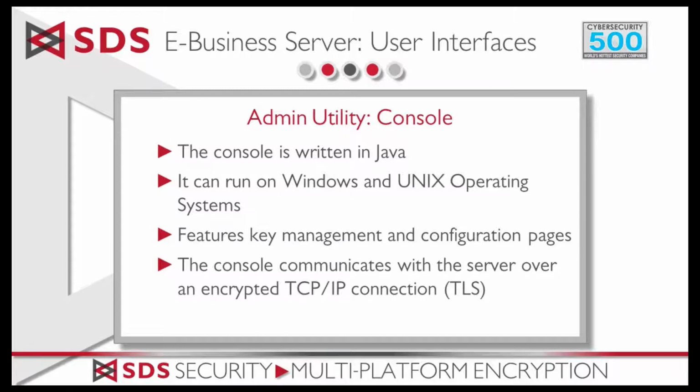The service resides on the same computer as the E-Business Server, but you can install the console on any Windows computer. This means that you can use the E-Business Server admin utility to access and configure E-Business Server remotely.